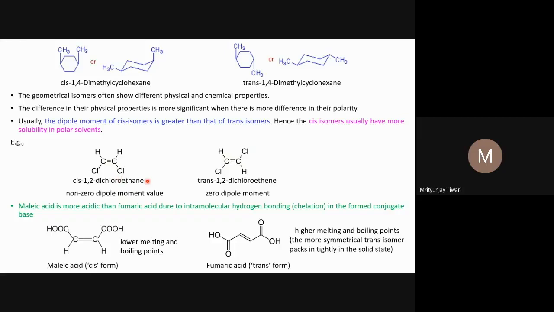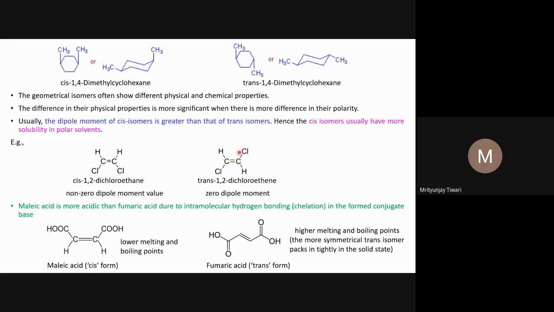And some compounds have a higher dipole moment value. Suppose this is fluorine. Then this will have a C-F bond and this a C-Cl bond. They both have bond moments that are opposite to each other, though not the same in magnitude.